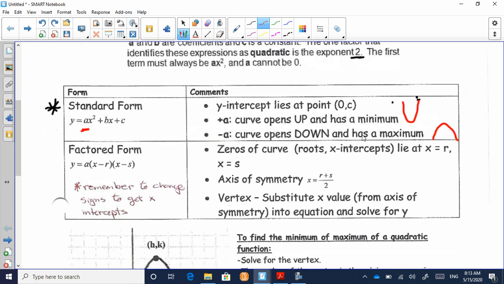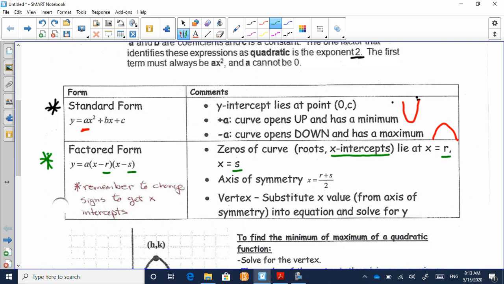Okay. When looking at the factored form of the parabola, the factored form is probably a little bit more useful, because we can get the zeros, or the x-intercepts, by looking at r and s. And I put a little note in here: remember to change the signs.